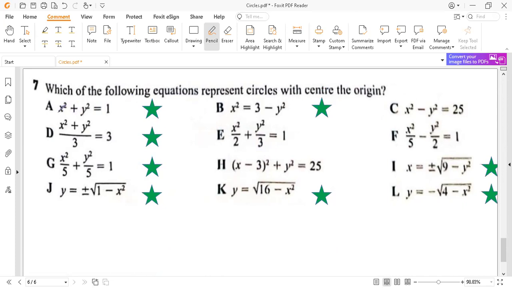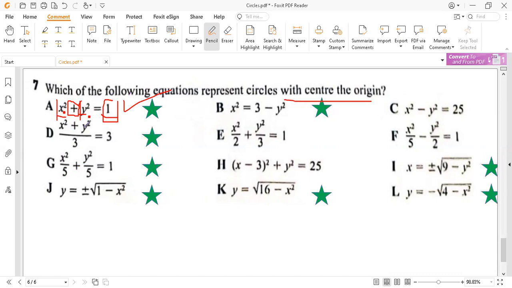For example, we have x squared plus y squared equals 1. We should guarantee, first of all, a center at the origin. First of all, we have x squared and y squared alone with the same coefficient. We have a plus between them, and we have r squared positive. So this circle is centered at the origin. The same here.